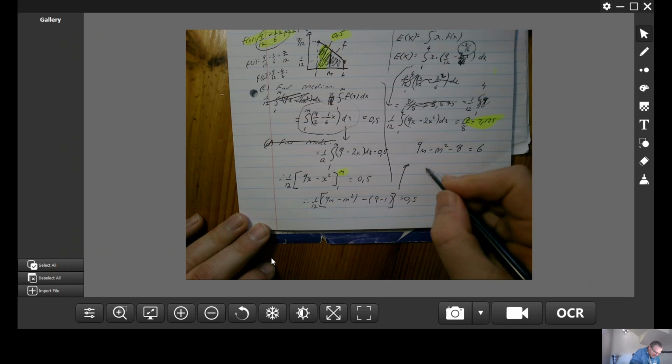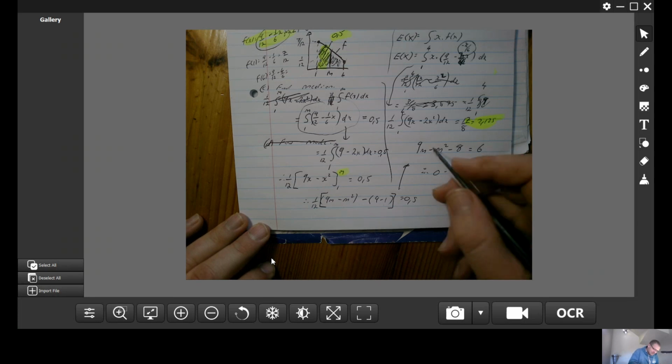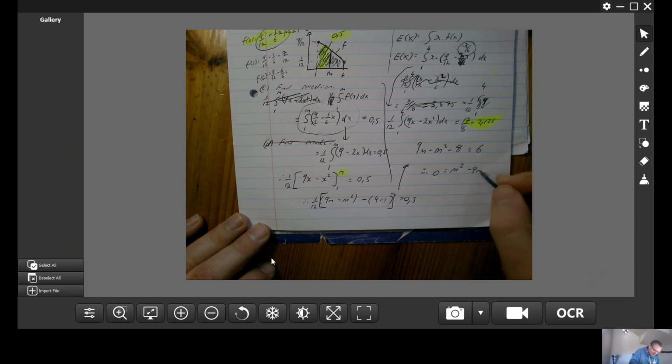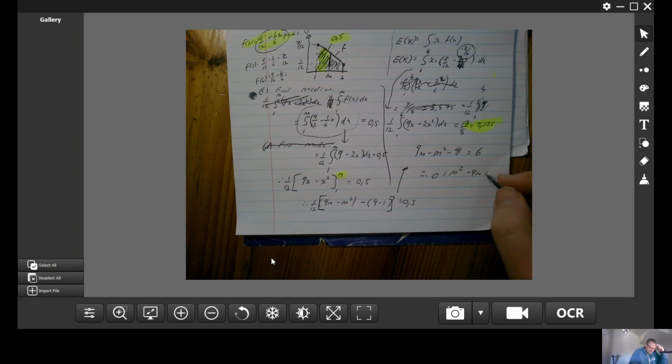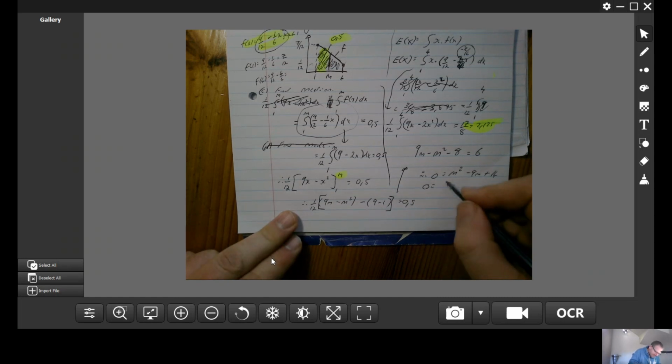Okay, so I end up with a quadratic, and the quadratic is 0 is equal to m squared minus 9m plus 14, and if you factorize that, you get 0 is equal to m minus 7 times m minus 2.